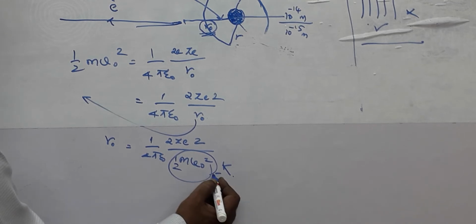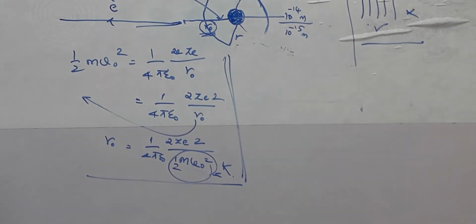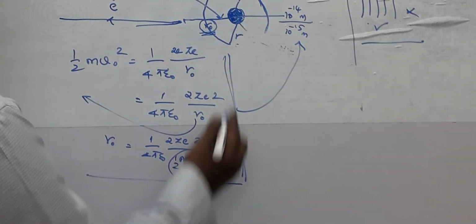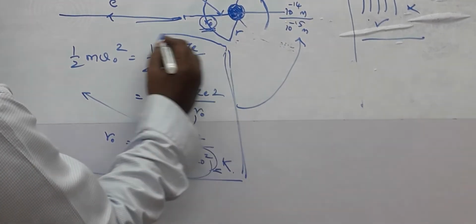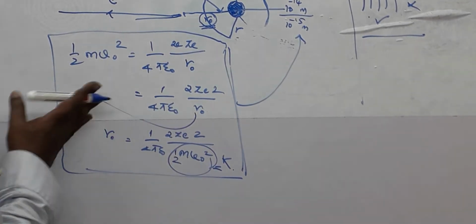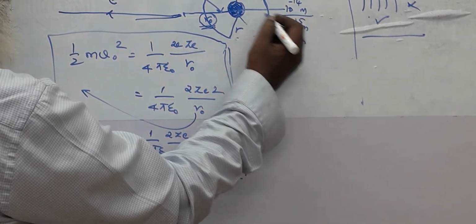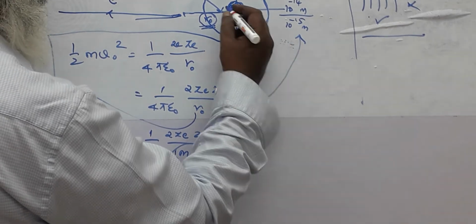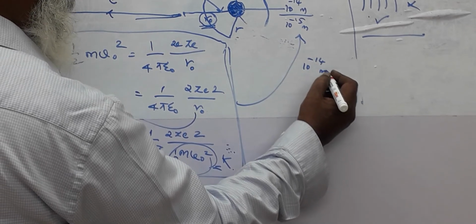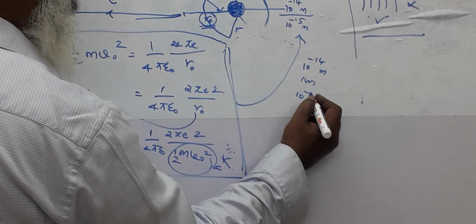Instead of that, you have to put the value of K. This equation is not used for any other purpose, only to identify the radius of the nucleus. You have to know and study the concept. With the help of this equation, Rutherford concluded that the radius of a nucleus is about 10 power minus 14 or 10 power minus 15 meter.